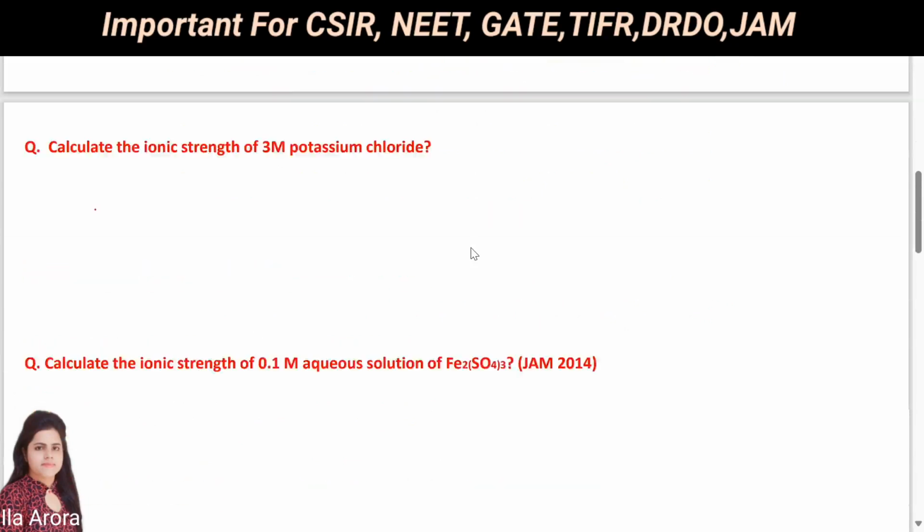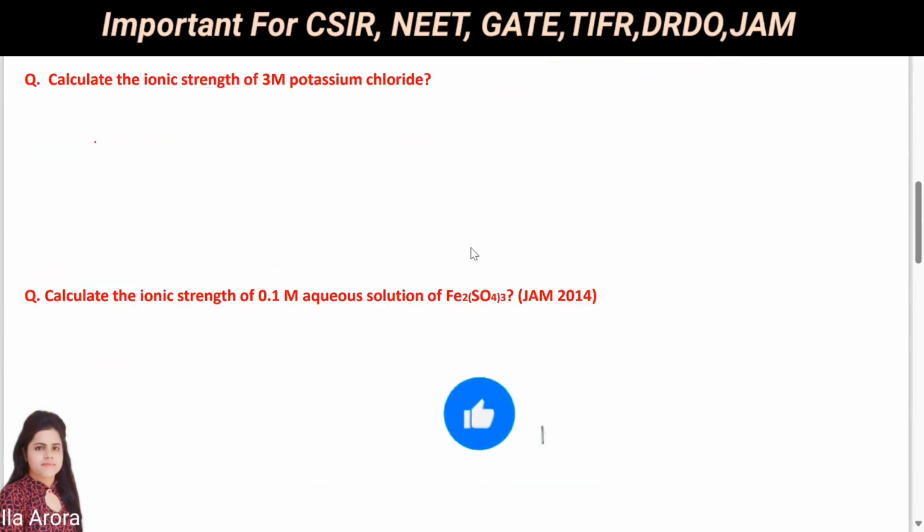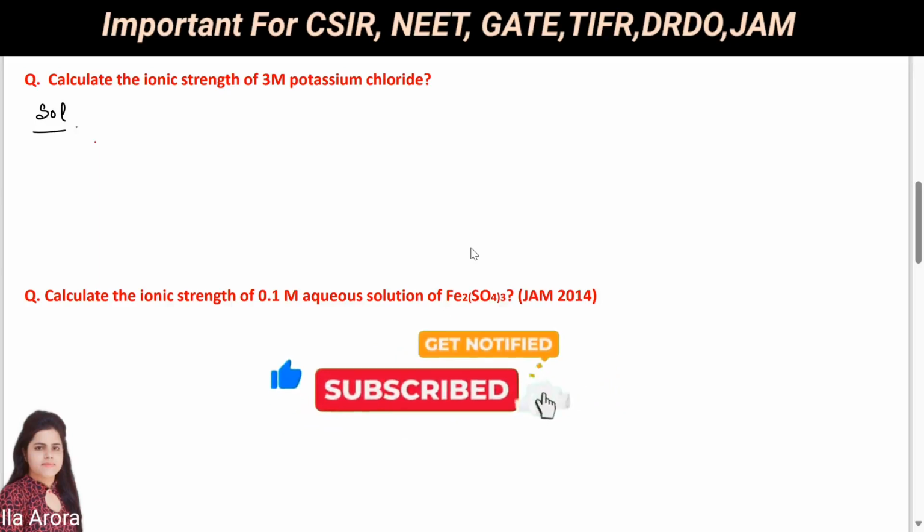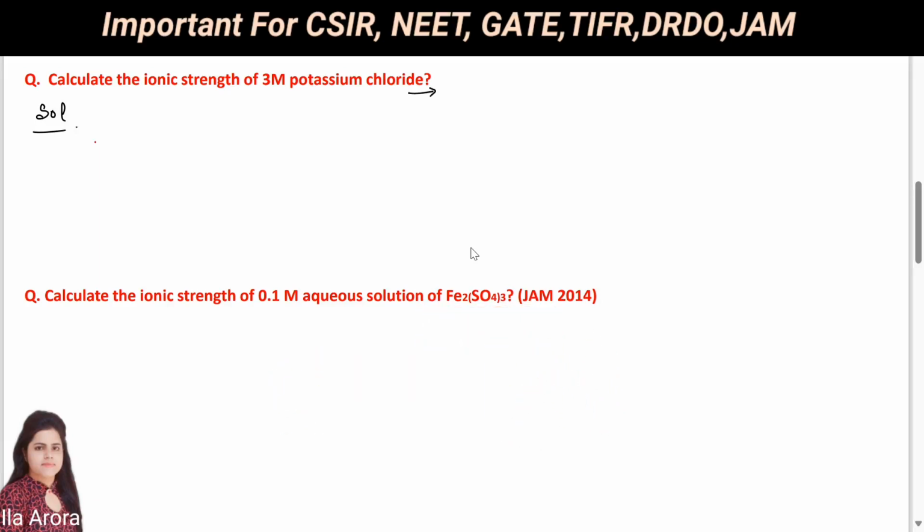Now we will solve one question, then it will be easy to understand. Suppose one solution is there of 3 molar concentration and the solution is KCl, potassium chloride. When it dissociates, you will have K positive and Cl negative. This is a 3 molar solution, and we know that 1 molecule of KCl gives 1 K positive and 1 Cl negative.